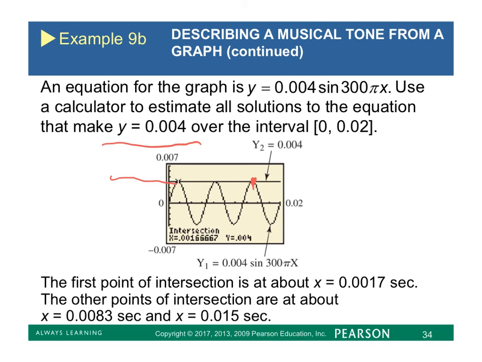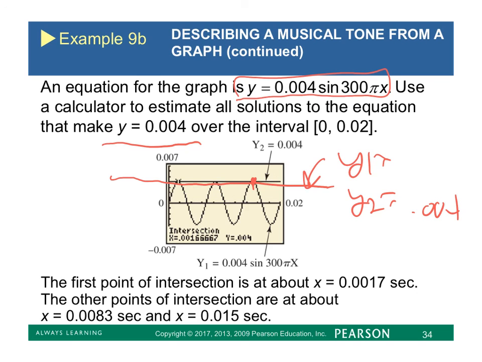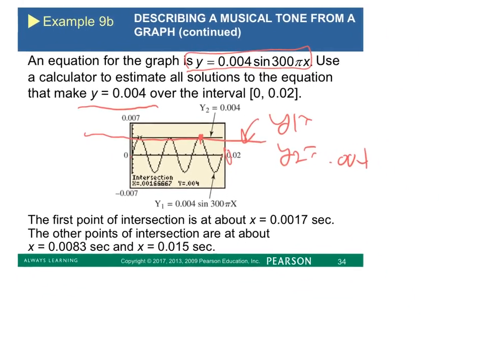So to use a calculator, I'm going to put y1 to be this one. y2 will be that line, y equals 0.004. And I'm only going from 0 to 0.04, I believe. And then we'll find all of the answers. You do it, I'll do it, and we will compare our answers. So I'm going to get this ready for my calculator.